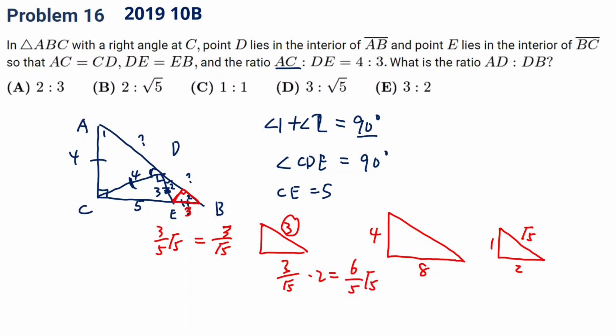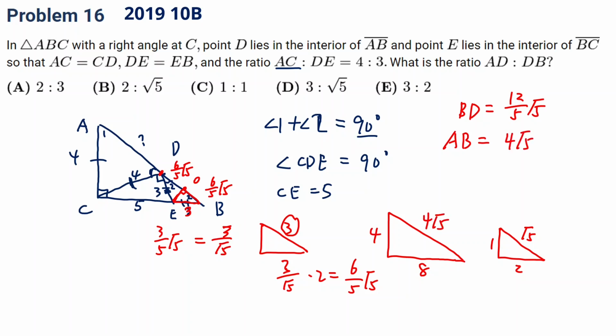So now that we find, let's say this is O. OB is 6 over 5 root 5. And this is also 6 over 5 root 5. So this is D. We know now BD is equal to 12 over 5 root 5. And we know AB. AB is actually 4 times root 5.